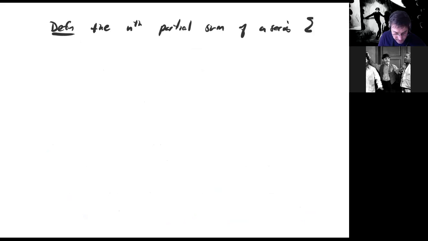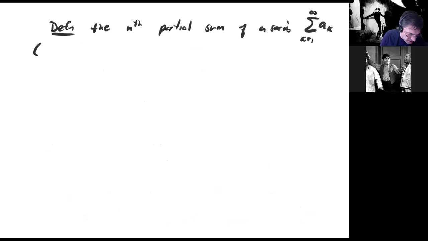Here's the definition: the nth partial sum of a series. Let's denote the indices by k now, summation a_k. If I don't put the indices down, the assumption is k is going from 1 to infinity.